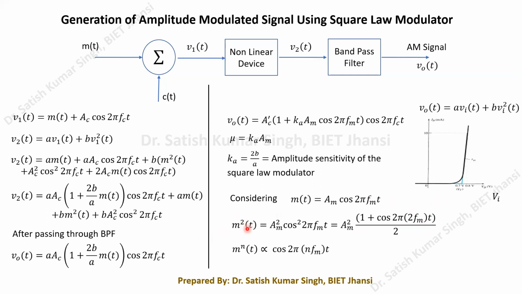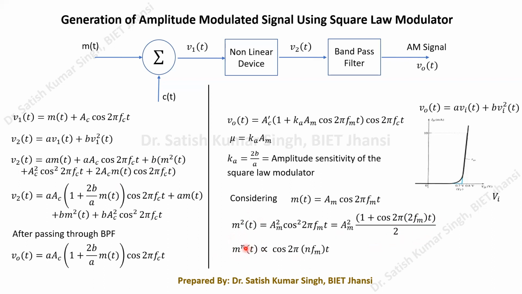If you make it m cube t, this signal is going to consist of a frequency component proportional to f equals 3 f_m. Similarly, if you make it m to the power 4 t, it consists of a frequency term proportional to 4 f_m.